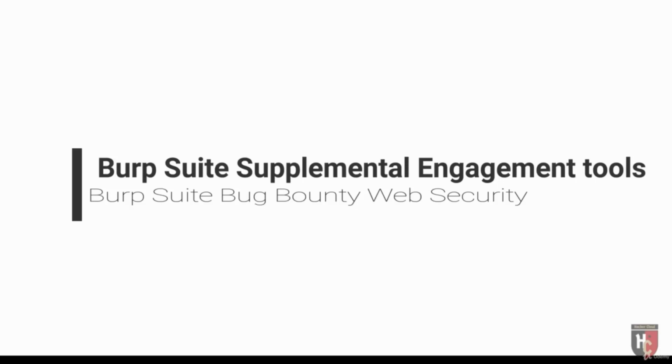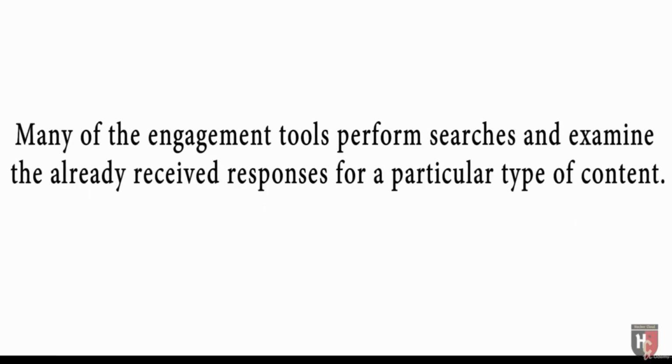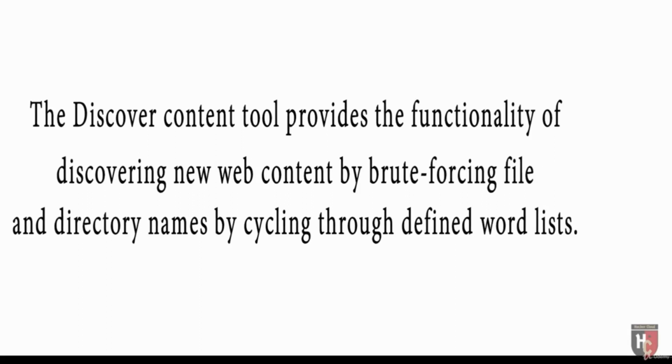Burp Suite engagement tools work in a variety of ways depending on the tool being used. Many of the engagement tools perform searches and examine the already received responses for a particular type of content. The Discover Content tool provides the functionality of discovering new web content by brute forcing file and directory names by cycling through defined word lists.